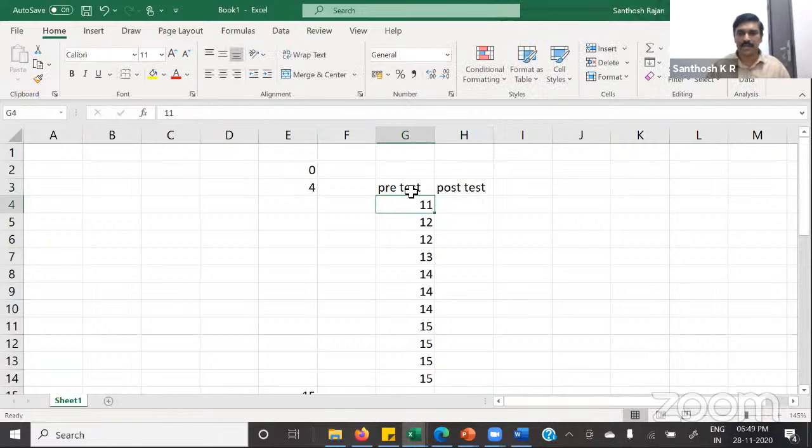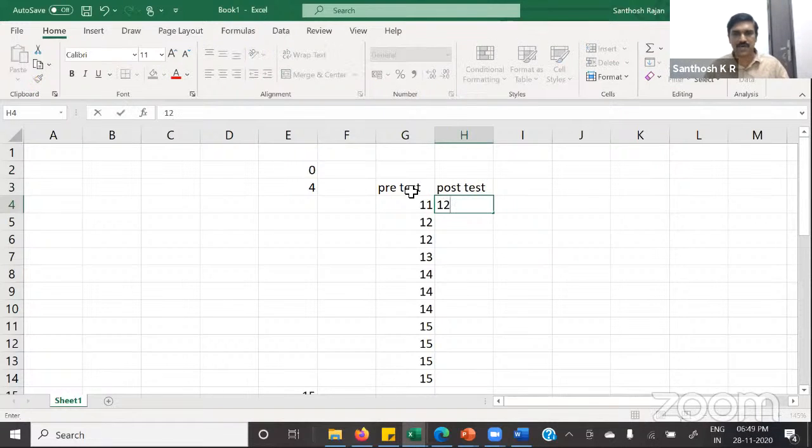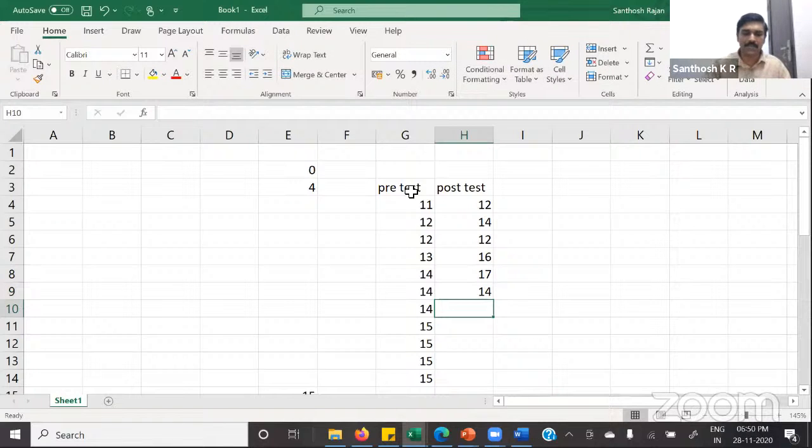Imagine this is 12, this is 14, this became again 12, this stayed 12 even after the intervention. This became 16, this became 17, this stood as 14 itself. This became 12 after the intervention. It may happen like that also.